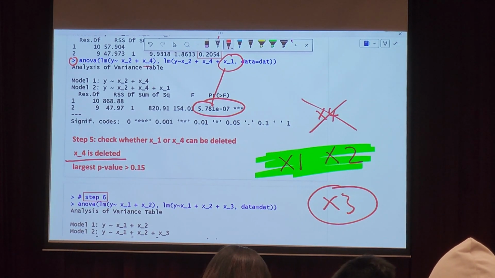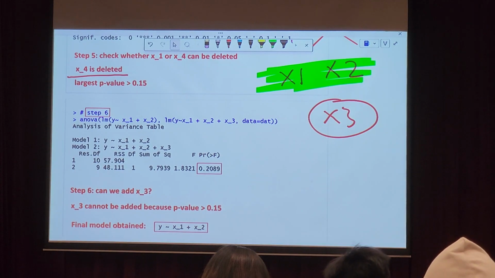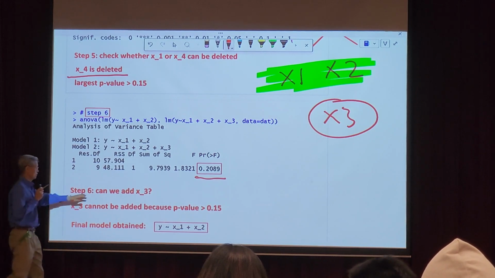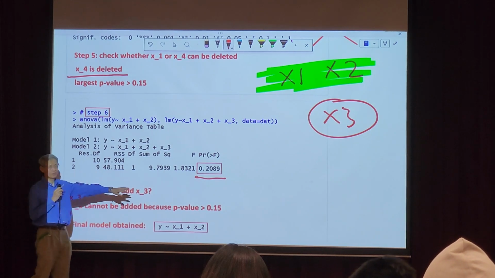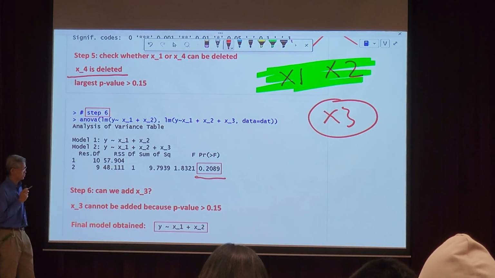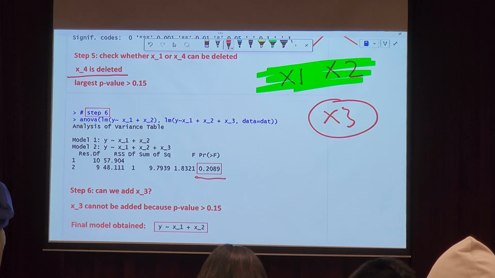So x3, you can also check x4. I'm sure you will kick that out. So this one is 0.2089. So can we add this or not? We can't, because the p-value is now greater than 0.15. So the final model obtained is x1, x2.